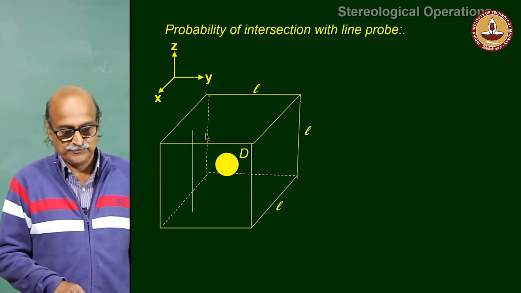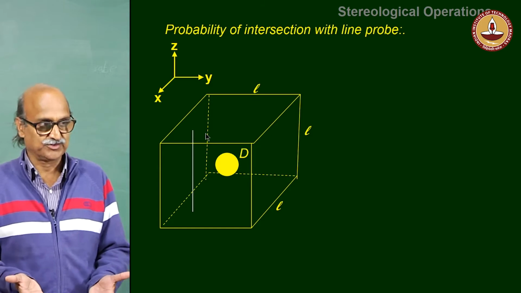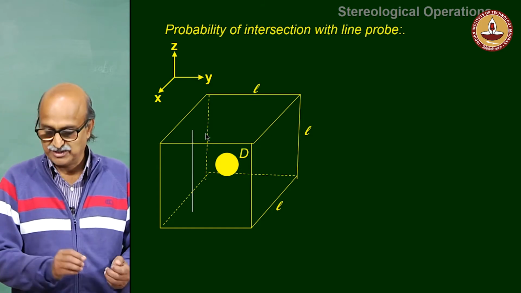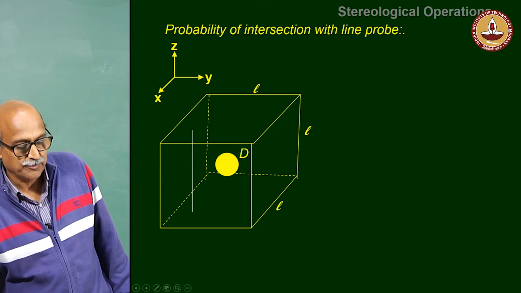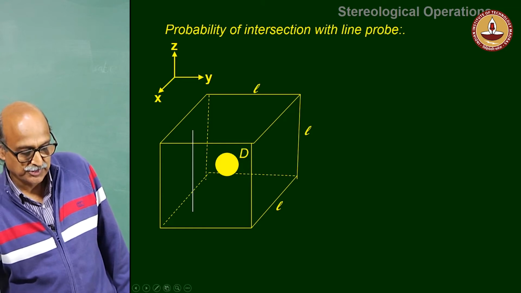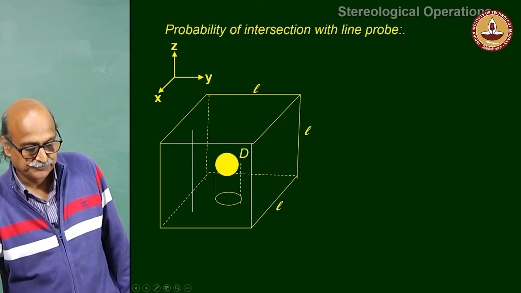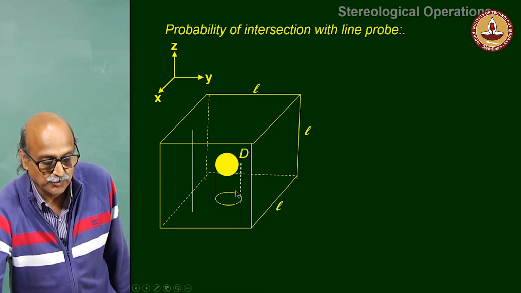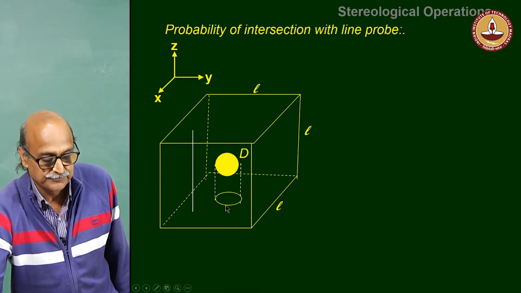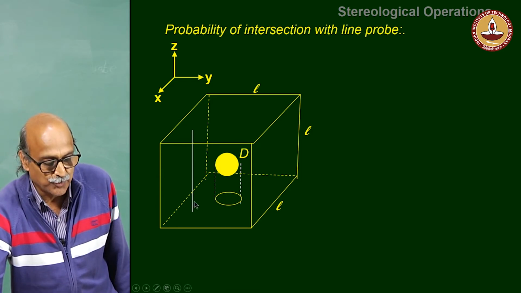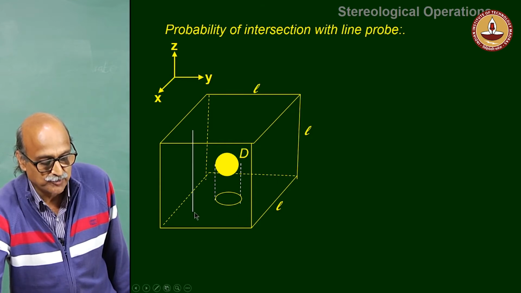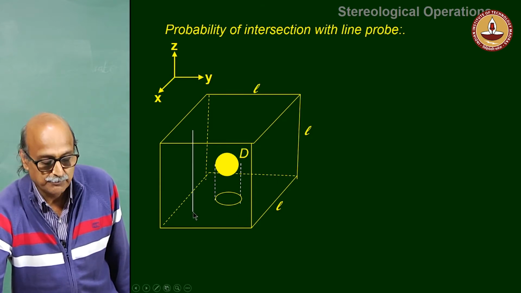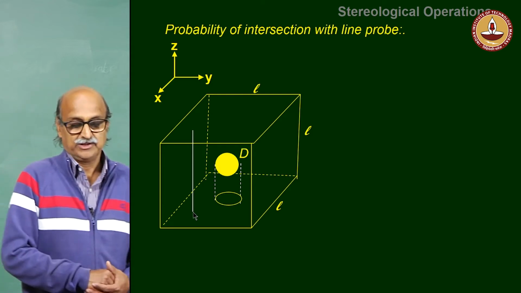What we could do is take a projection of this object as well as the line probe onto the xy plane. So, take a projection on this cube face. If I do this, what will I get? I will get a circular projection whose diameter will also be d, and the projection of this line probe on the xy plane would be nothing but a point on the xy plane.